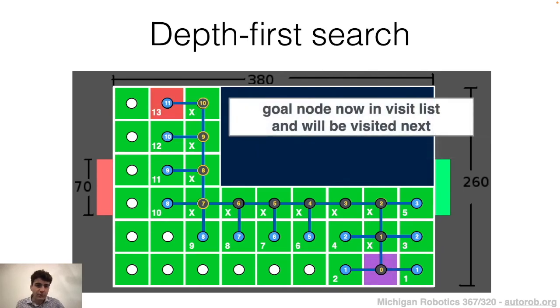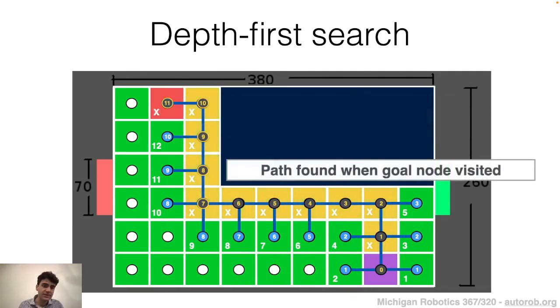And finally, we would have reached the goal node. At this point, you can see one of the nodes within the visit list, which is chosen to be visited next, is in fact the goal node. At that point, the depth first search would identify that the goal node has been visited, and then decide to conclude the search, noting that a path had been found.